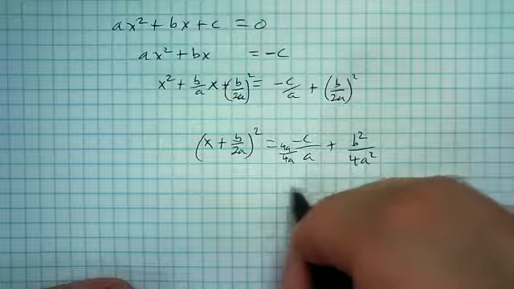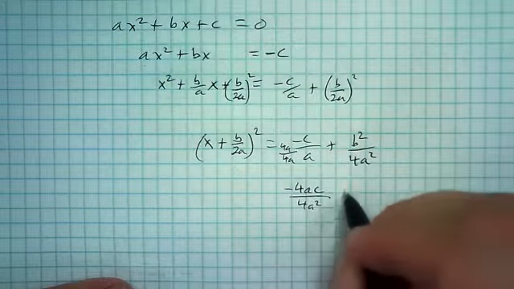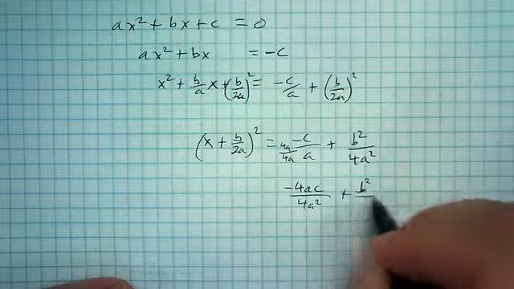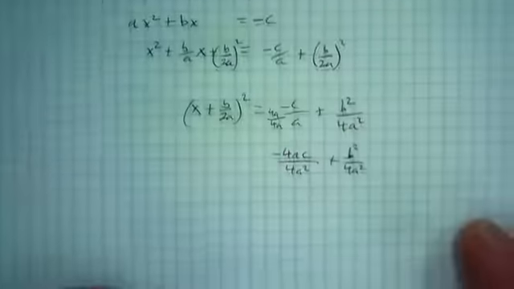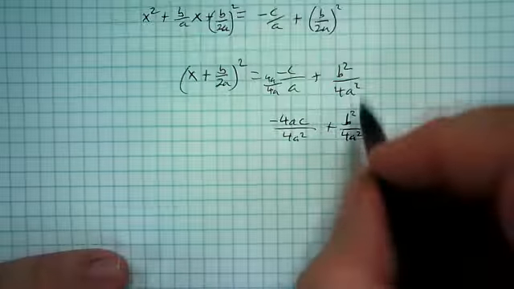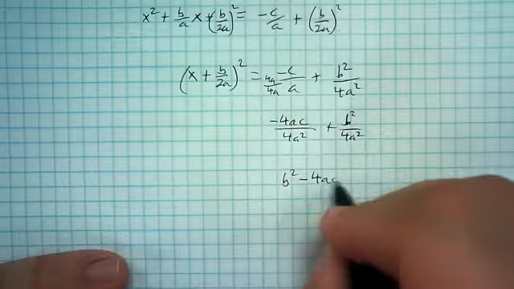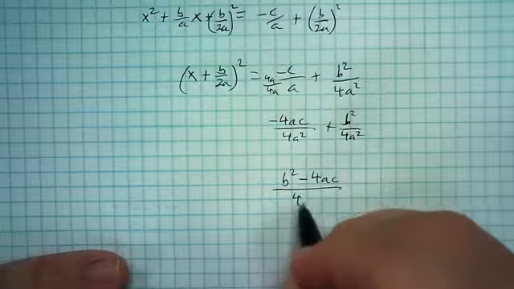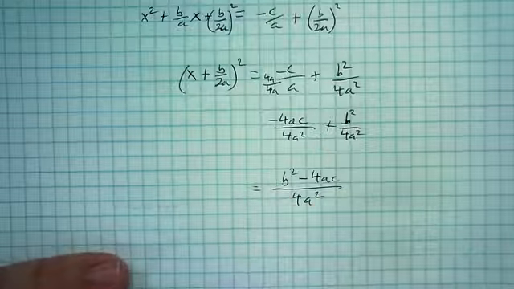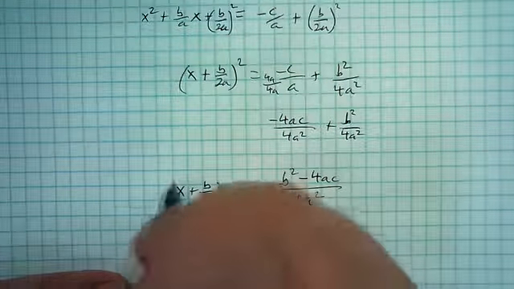That gives me negative 4ac over 4a squared plus b squared over 4a squared. And you can start to see some parts of the quadratic formula taking shape here, because when I add these together I get b squared minus 4ac, although the bottom might not be familiar to you. And this side is still x plus b over 2a squared.